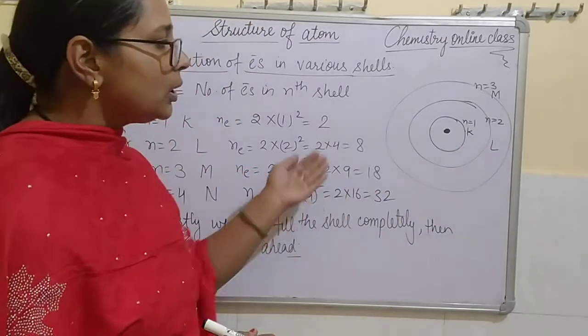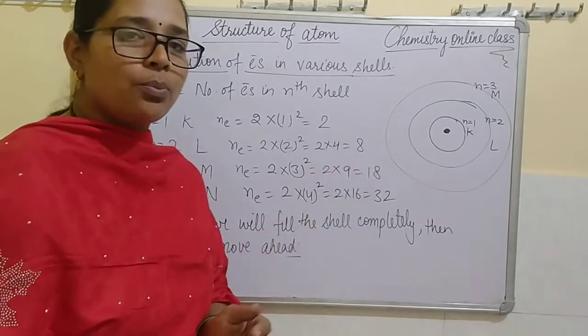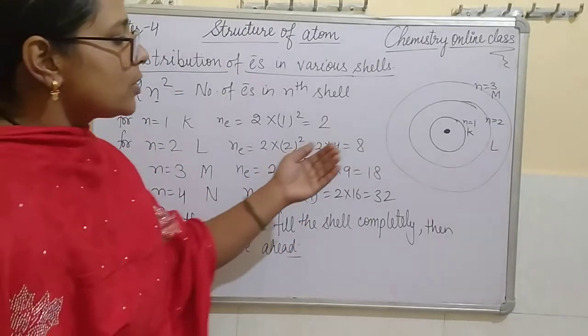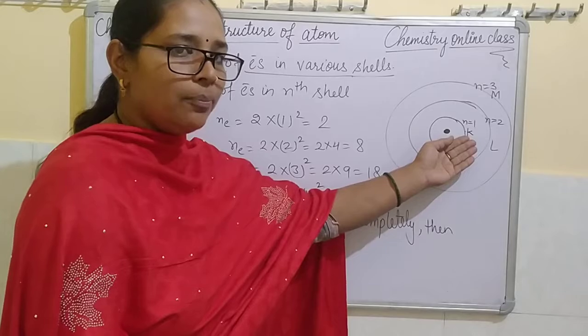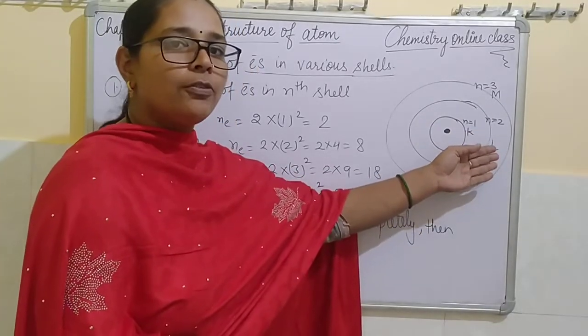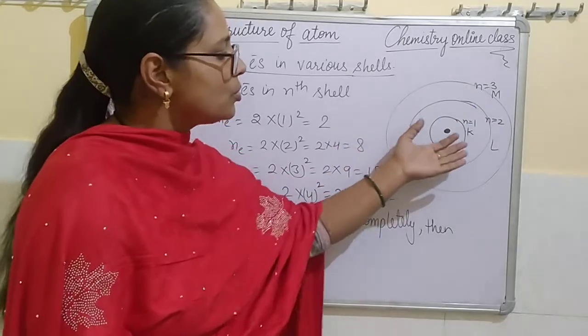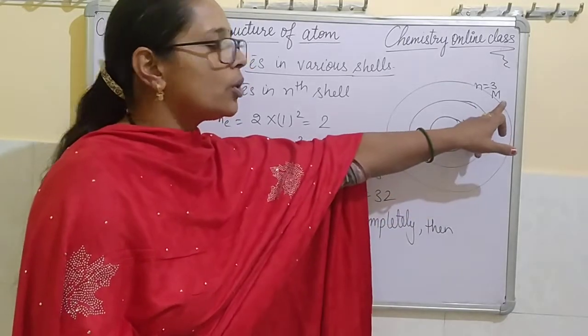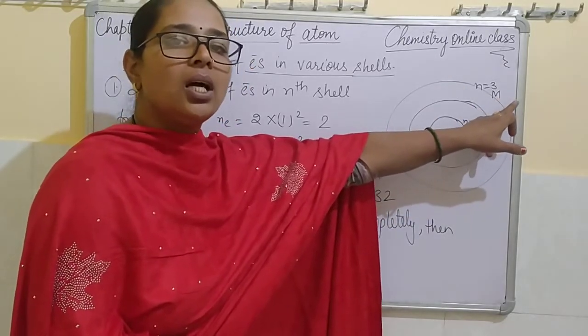We will fill the shells in a progressive manner, successive manner. Firstly, we will fill the K shell completely. Then we will go on to the L shell. After filling all the 8 electrons, only then we will move on to the next shell, that is M shell.